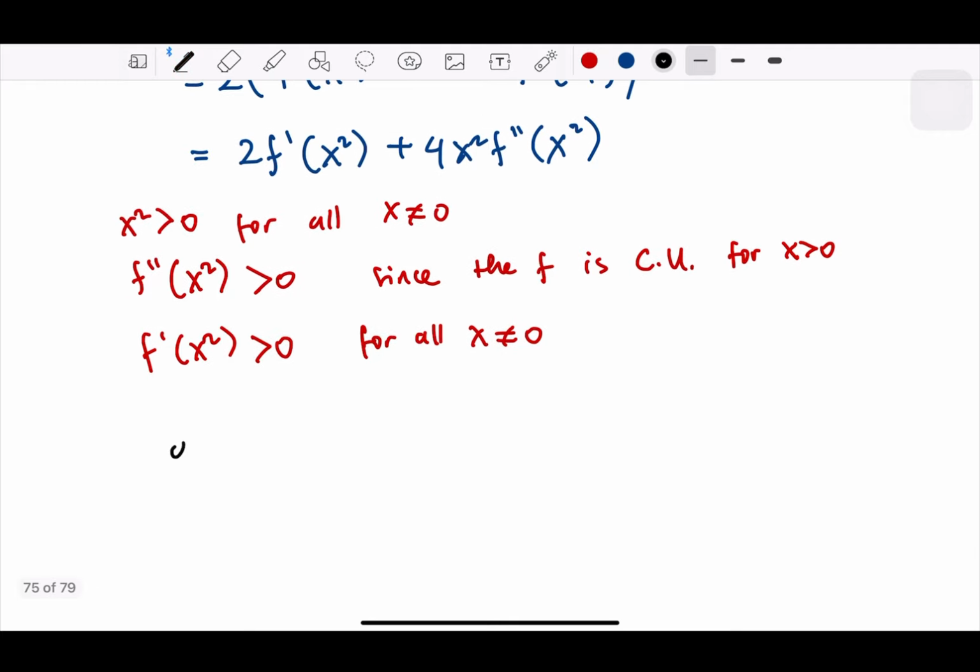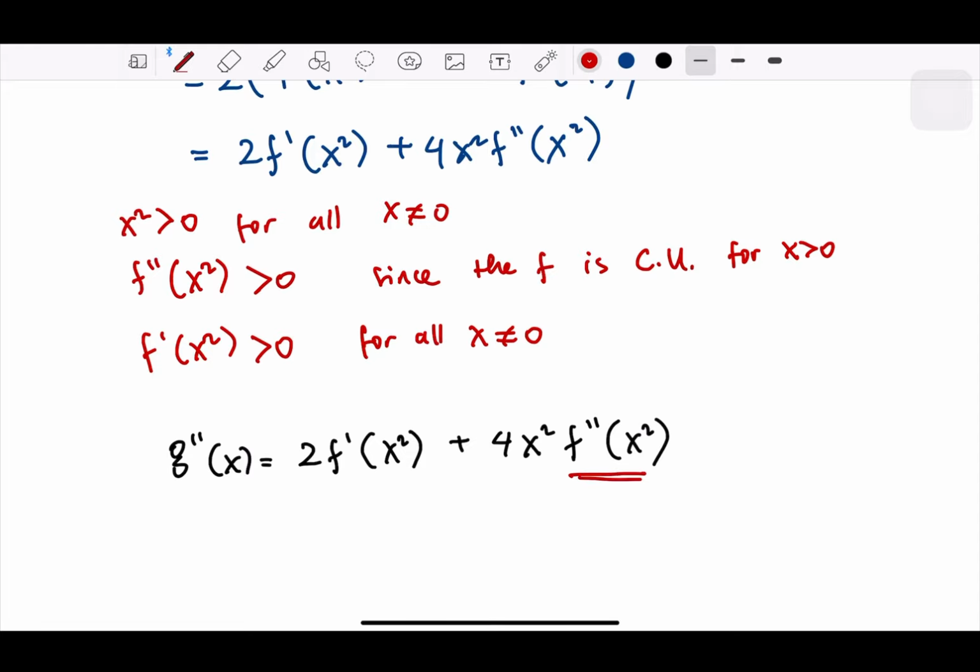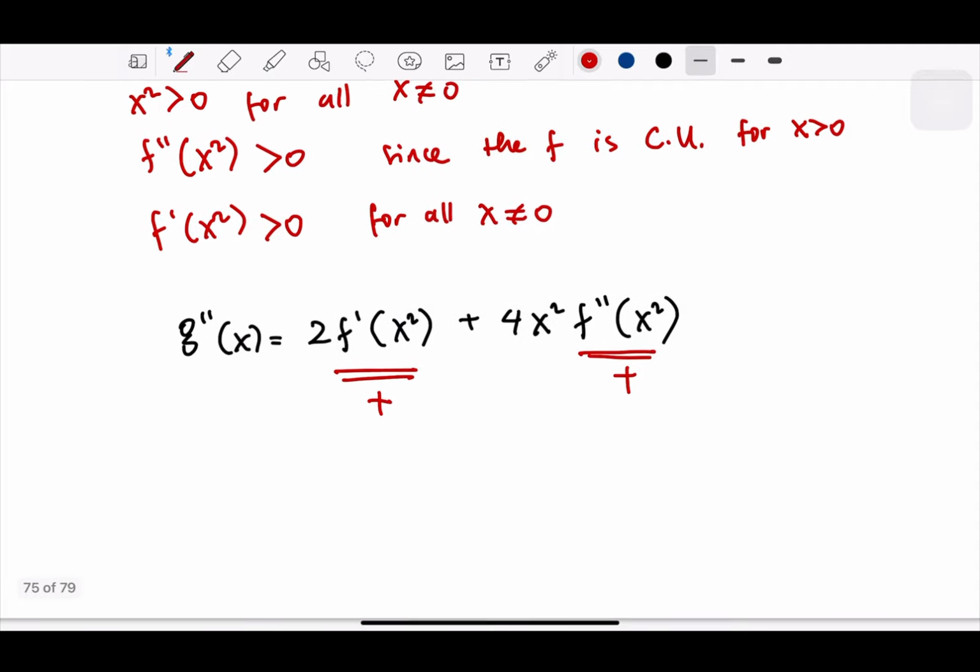Okay, because all these factors are positive, let me write again here. So g double prime is positive. The only way to get the concavity to change is from the x, right?